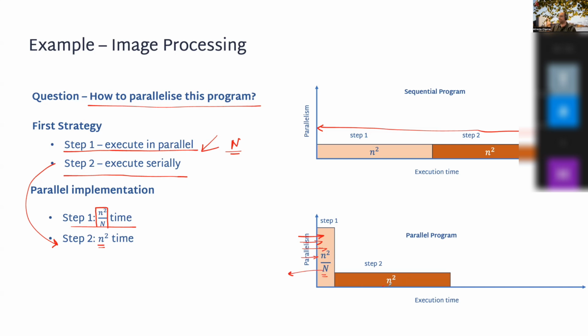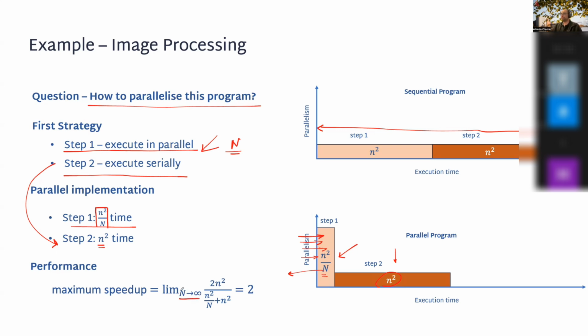And then we have this n2 time for the sequential part. According to Amdahl's law, this sequential part provides a bottleneck for our program, even though we parallelize at least the first step.